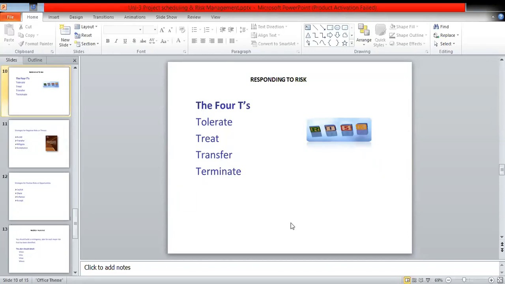Now, second one is transfer. In that situation, if some employees or some people are not doing work, or they are not following the terms and conditions, they are not thinking about your work.